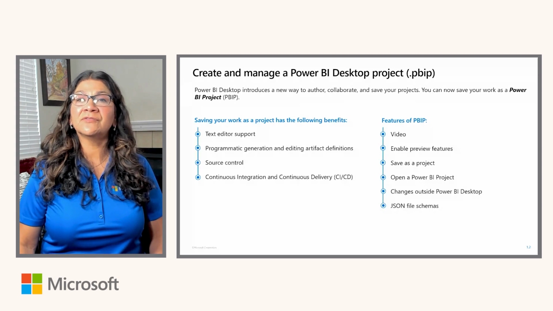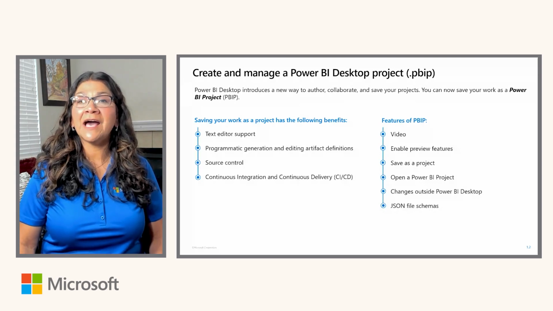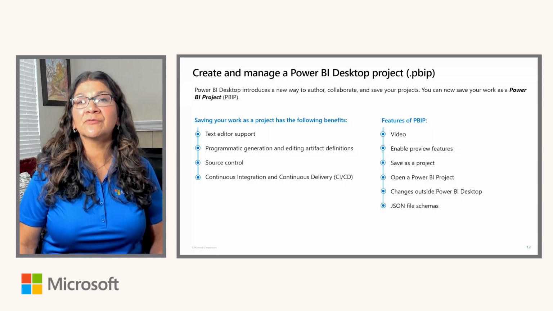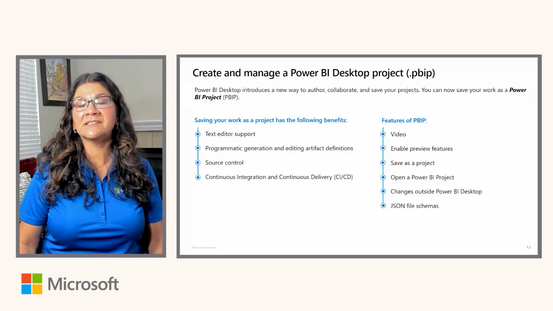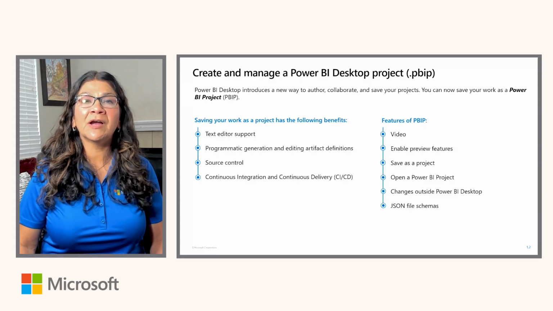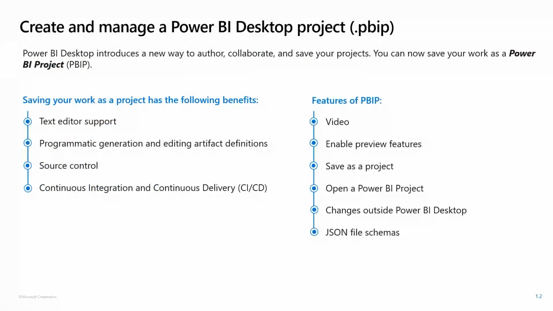I'll highlight just a few, but be sure to know how to enable preview features from File and Options in Power BI Desktop and to be able to work with the Power BI project. You can also open the project itself using its folder and either open the PBIP file or the PBIR file in the report folder.